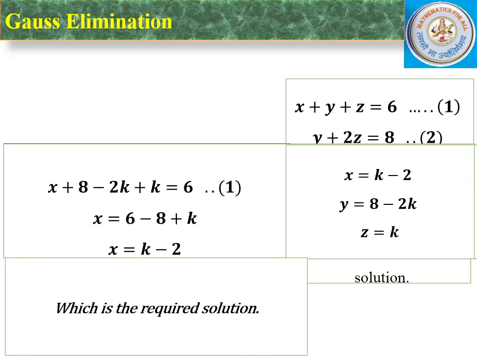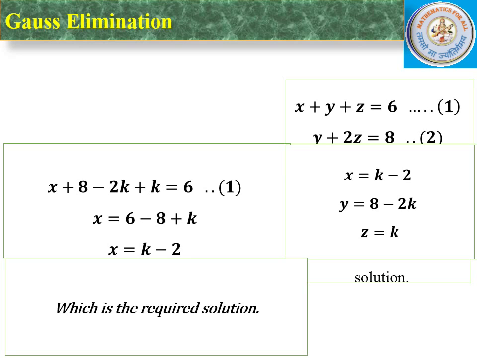Thus we have seen two examples. In the first example we get a unique solution because the system is consistent, and in the second, even though the system is consistent, we get an infinite number of solutions, because this solution depends on k and k has infinite values.